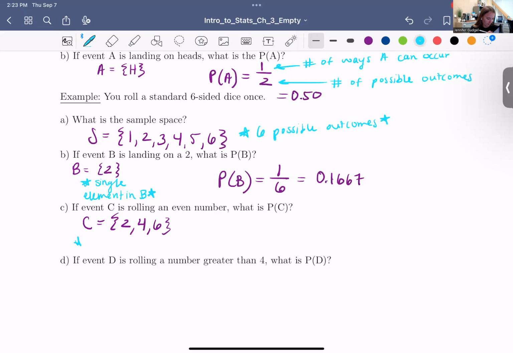There are 3 ways to accomplish event C. So the probability of rolling an even number, or the probability of event C occurring, is 3 out of 6, or 0.5.